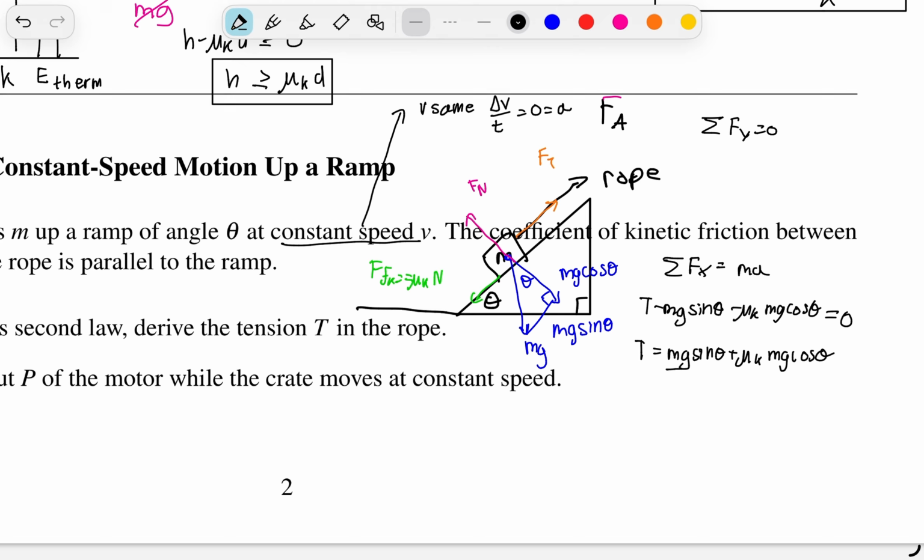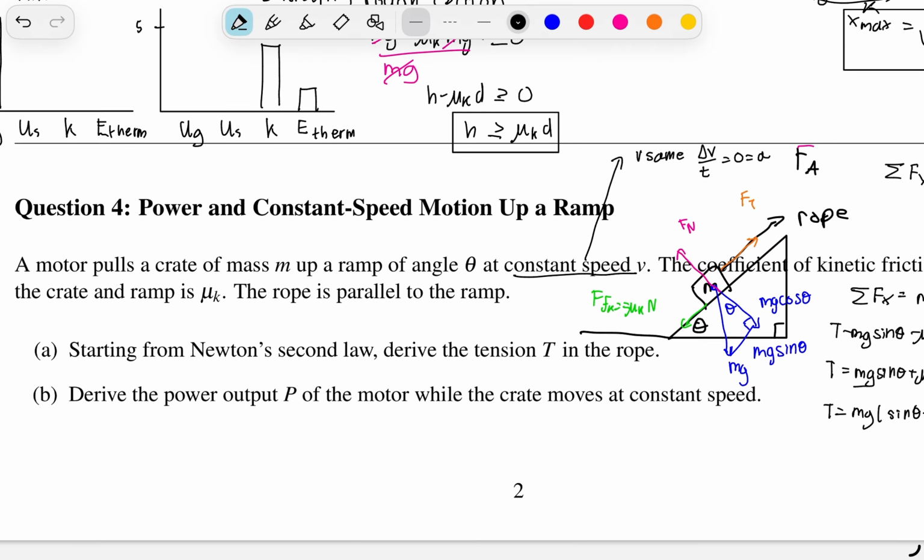So that is your tension. You could factor out mg as well. So your tension is equal to mg times sine of your angle theta plus mu k times cosine of your angle theta. For our next question, we are asked to derive the power output of the motor while the crate moves at a constant speed. The formula for power is the force that you exert times v.